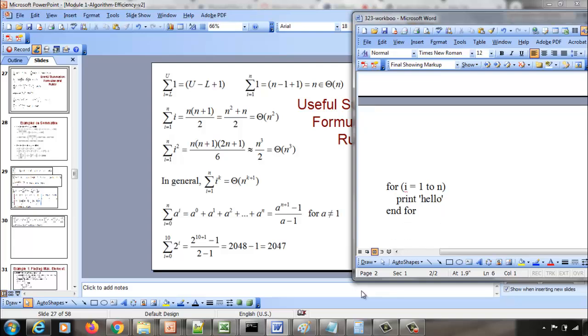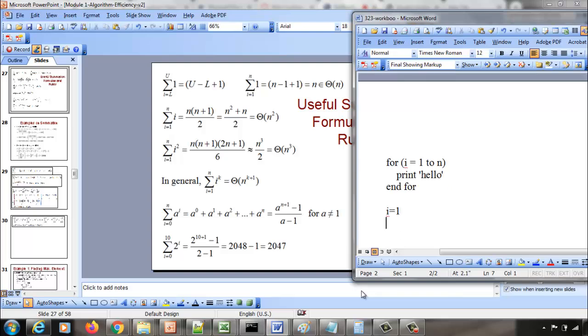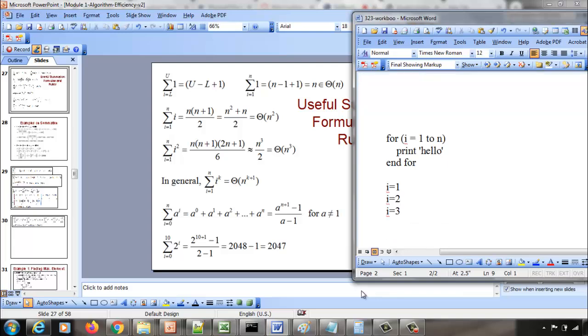How many times are we printing this hello? When i equals 1, I'm going to print one time, then i equals 2, one more time, i equals 3 once, and so on up till i equals n. So you have to count how many values there are between 1 and n, including 1 and n.